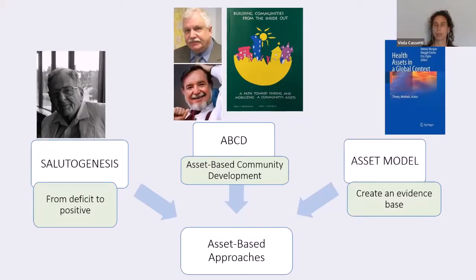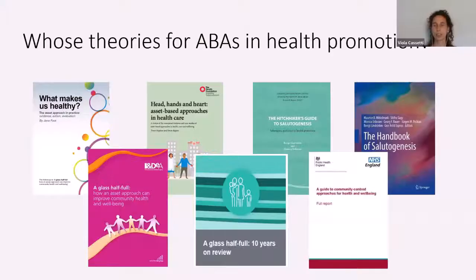So basically what Anthony Morgan and Erio Ziglio did was to bring it all together and bring it into health promotion. However, when you start reading around asset-based approaches, you'll find that it's not as easy as that.